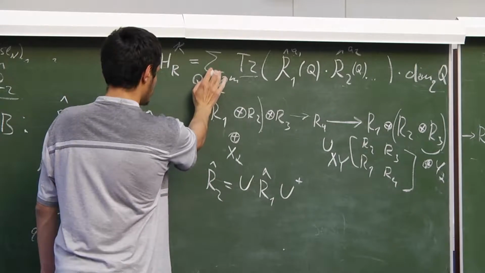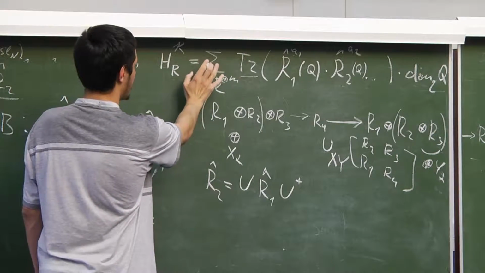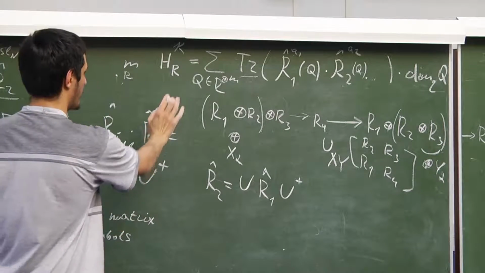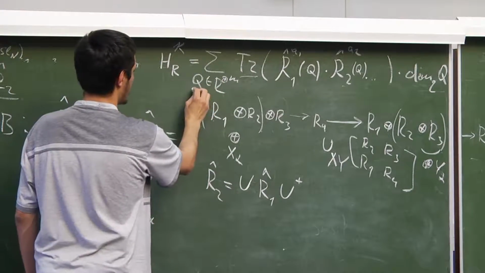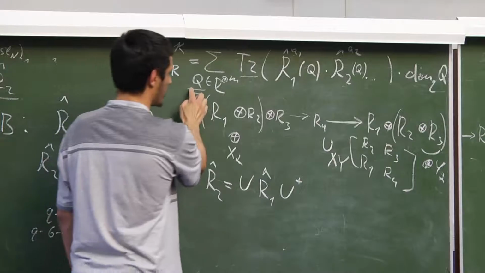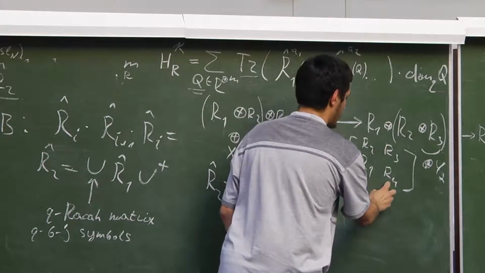However, in this formula, I need to sum over all representations Q. Now Q is nothing but R4.